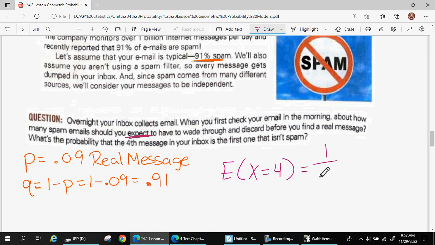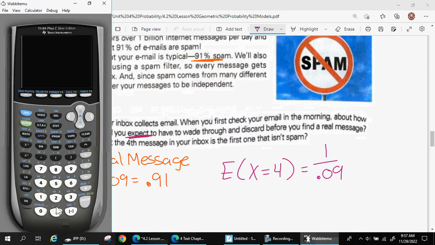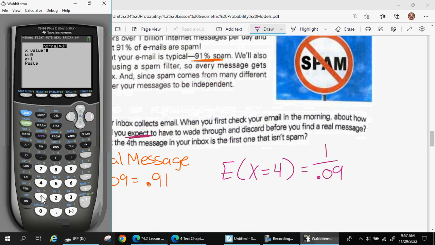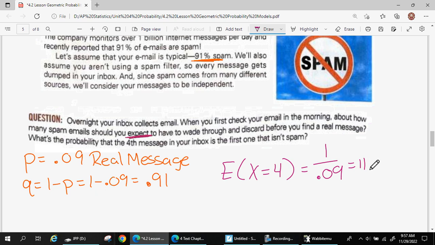So we're going to take 1 and divide the probability of success. And we'll get 11.11. So we can expect on average that when we get to work in the morning, we have to look through 11.11 messages before we get to our first real message.